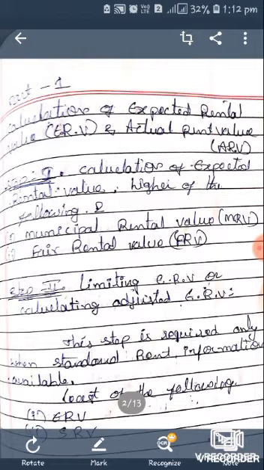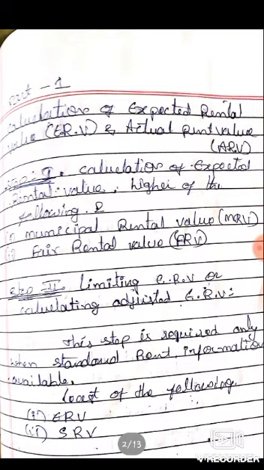This step is required only when the standard rent information is available. When the standard rental value information is available, we have to take the least of the following, either ERV or SRV, whichever is lower.